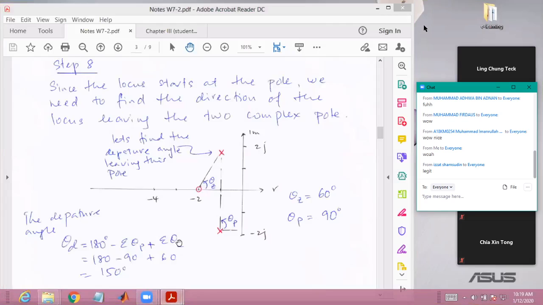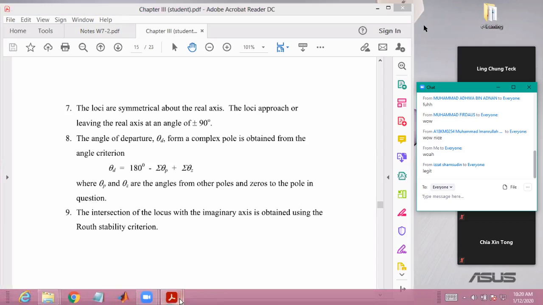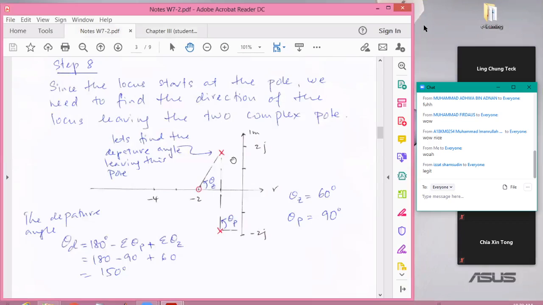Let me read this again. Theta P and theta Z are angles from other poles and zeros to the pole in question. The pole in question is the pole that we want to find the departure angle of. Other than that pole, we have one other pole and one other zero.